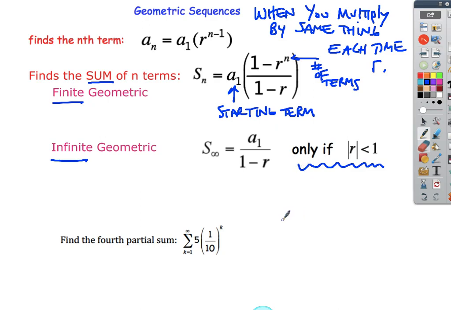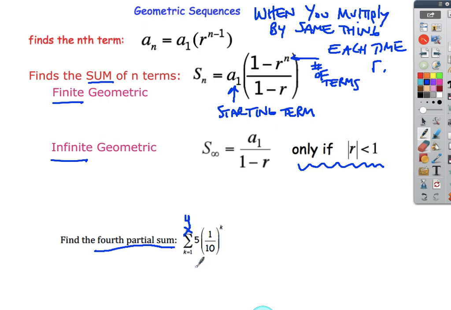Okay, so here's an example from your homework just the other day. We're doing a sum, and if it says to find the fourth partial sum, essentially what that's doing is changing that infinity to a 4.